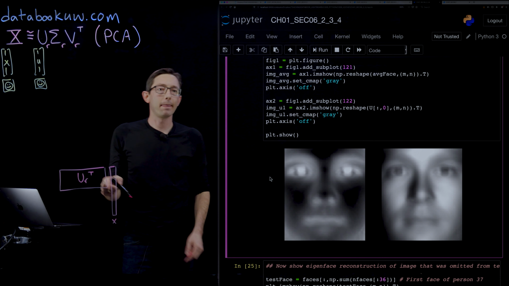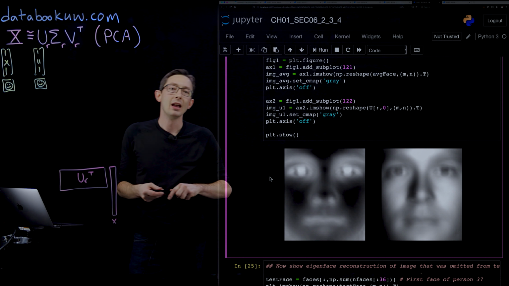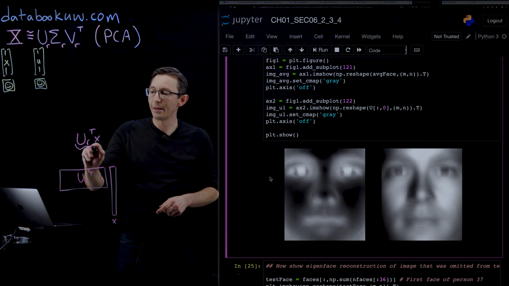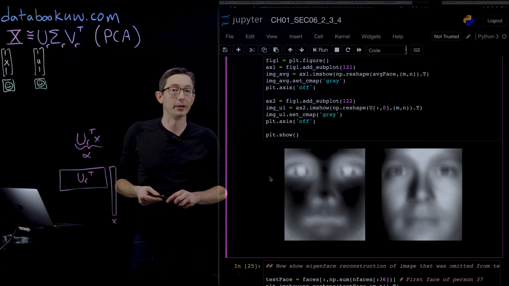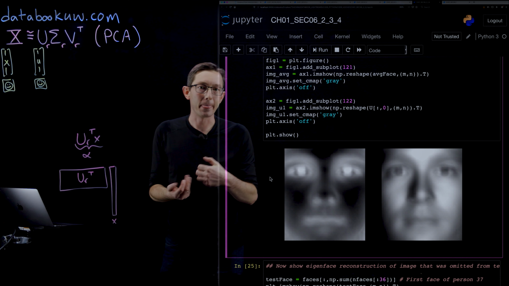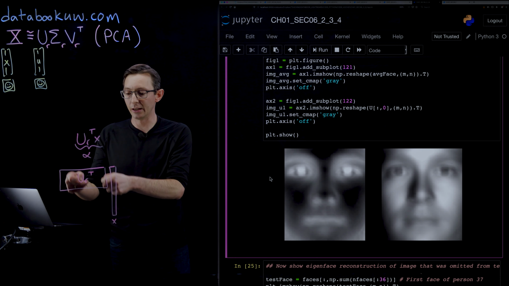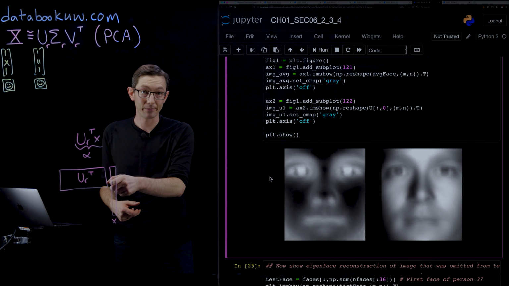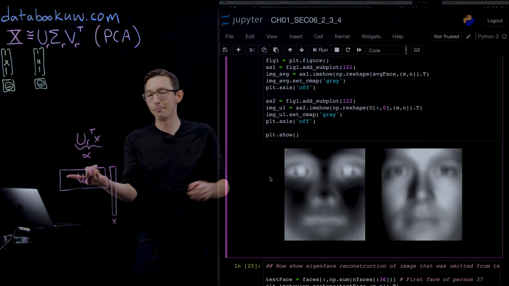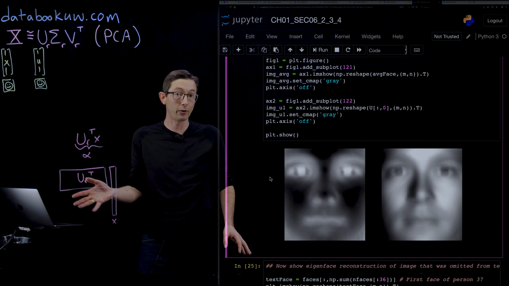If I take X and take its inner product with the first R columns of U, I get a little R dimensional vector I like to call alpha. Alpha is essentially the mixture of these modes that you need to reconstruct X. It's the amount of mode 1 in this person's face, the amount of mode 2, and mode 3 and 4, and so on and so forth.